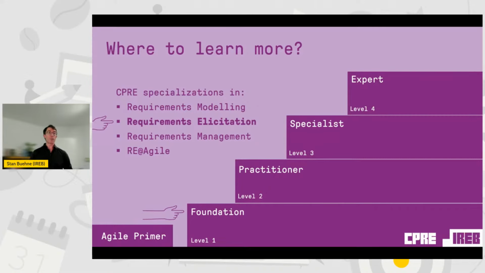There's a dedicated chapter on elicitation and also on conflict resolution, and in our advanced levels for requirements engineering, requirements elicitation, there is also a whole chapter about conflict identification, conflict resolution, and also here the handbook is completely free for download. Just have a look on our website, ireb.org, in downloads, where you can download it.